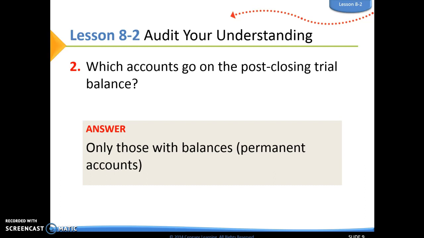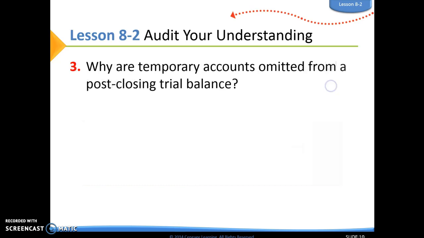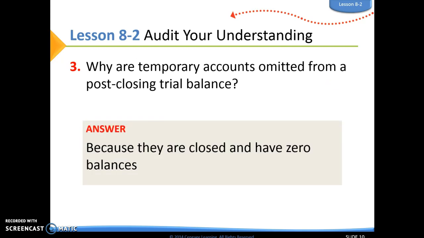Those accounts are not included on our post-closing trial balance. Number 3, why are temporary accounts omitted from a post-closing trial balance? That is because they are closed and have a zero balance, so we do not list them.